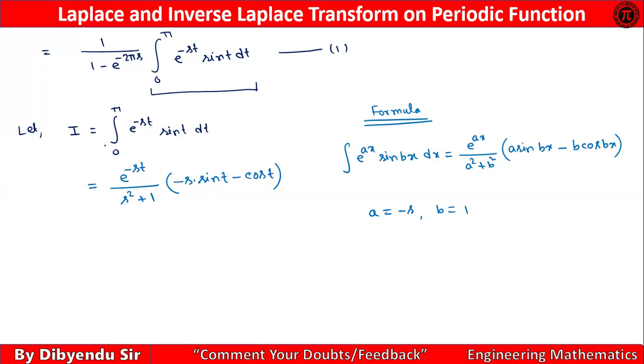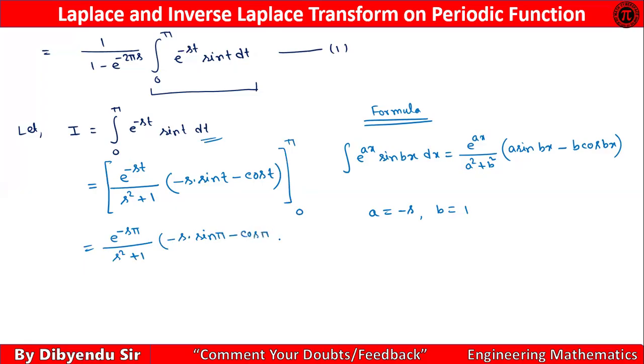Now here you can see that the integration limit is 0 to pi, so you have to apply the limits to the whole part. Here the variable is t, so you have to put the upper limit and lower limit in place of t. So you get e to the power minus s pi divided by s square plus 1, into minus s into sine pi minus cos pi.